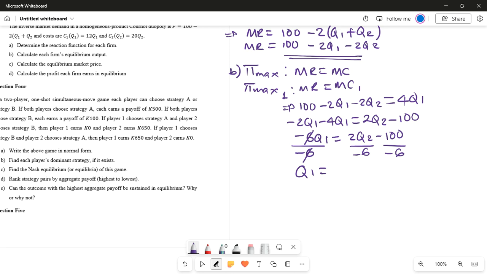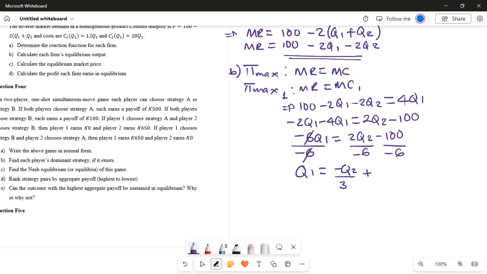So we can find a common term between 2 and 6, which is 2 itself. So at the end of it all, we should get something like minus Q2 over 3, and then plus, here we can also find a number that can go into 6 and 100, so you can reduce it.